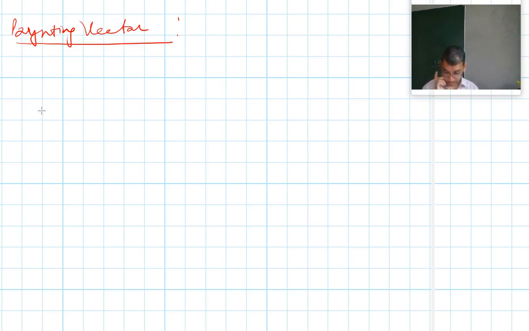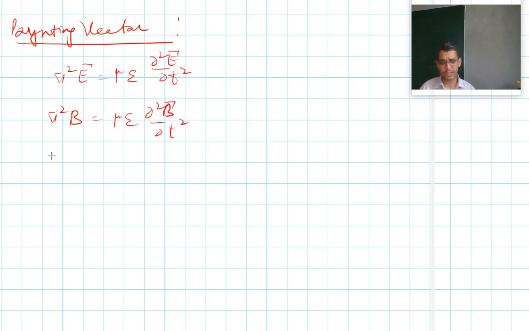If I recall the electromagnetic wave equation, then ∇²E is equal to με ∂²E/∂t², and for the magnetic field I can write ∇²B is equal to με ∂²B/∂t², or this equation can also be written as ∇²H is equal to με ∂²H/∂t².